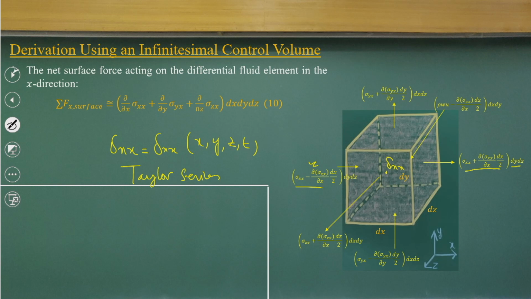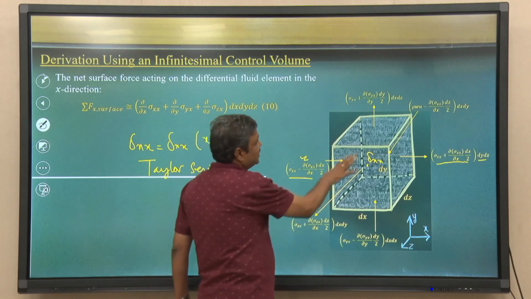I told you the sigma x x, sigma y x, sigma z x all are acting in the x direction over this control volume. We are just looking at what force is happening along these x directions because of sigma x x, sigma y x, sigma z x.